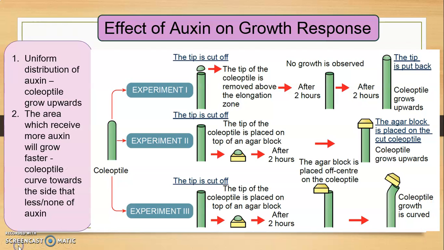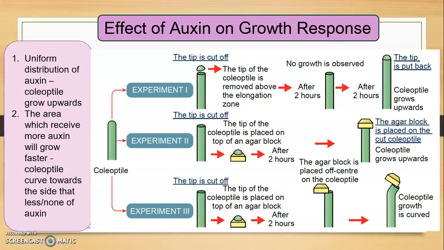Let's go to our first learning standard, which refers to the effect of auxin on the growth response. We already discussed this experiment in our previous class, so we try to discuss it more and make sure you can understand more. From the experiment, what can we do the inference on the effect of auxin on the growth response?